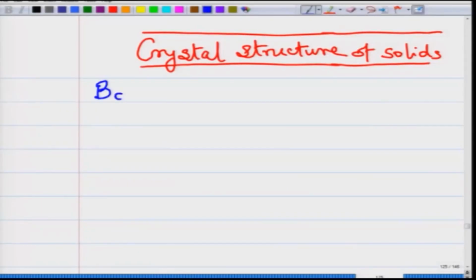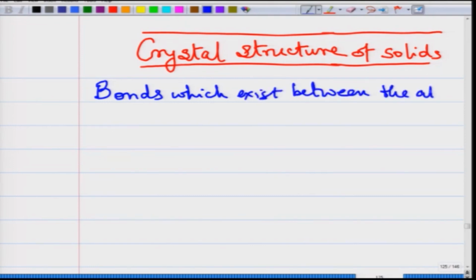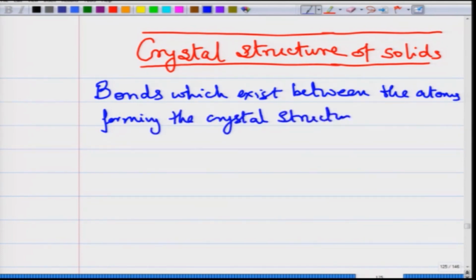And there are different types of bonds which exist between the atoms forming the crystal structure.